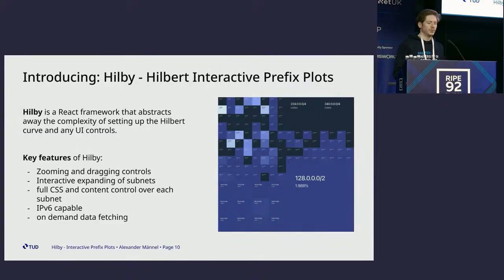It is a small React framework that abstracts away all the complexity of the math behind it, and of the user controls. So you have zooming and dragging controls, also for mobile. You have interactive expanding of subnets, which I'm going to show in a minute. You have full CSS and content control over each subnet.